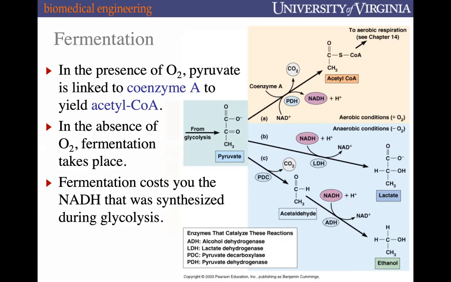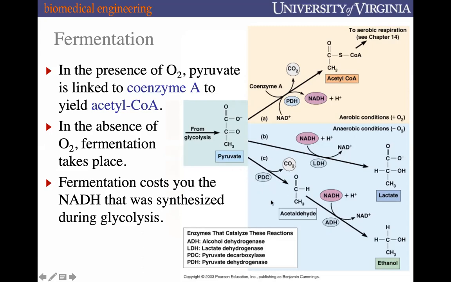In the absence of oxygen, fermentation takes place. And this goes back to another question we had earlier in the lecture. One of the NADHs that you had is going to be used here. So for the bottom pathway that most yeast and some other microbes use, they possess an enzyme called pyruvate decarboxylase.